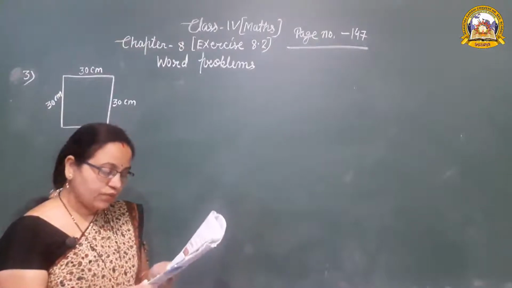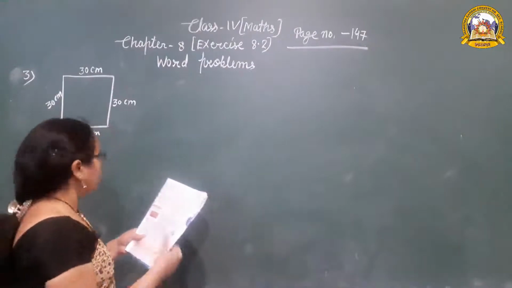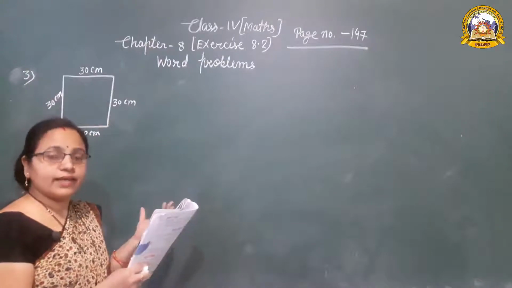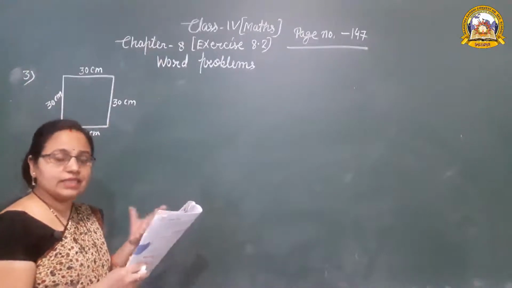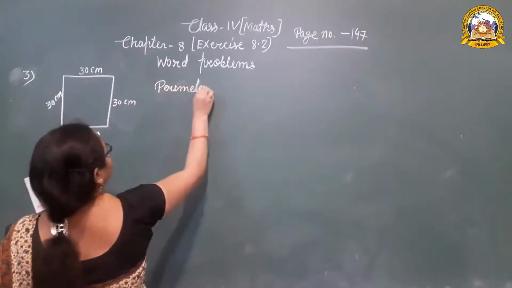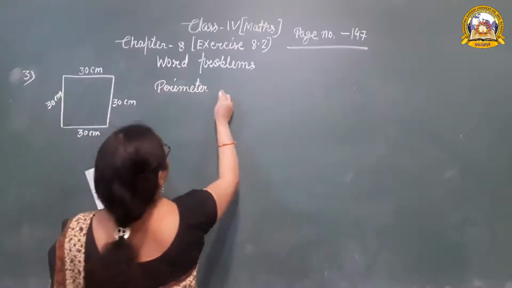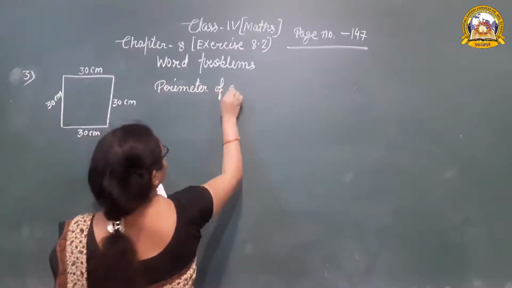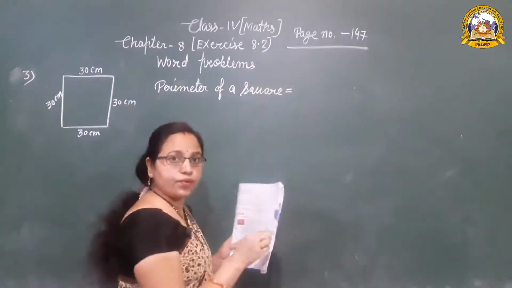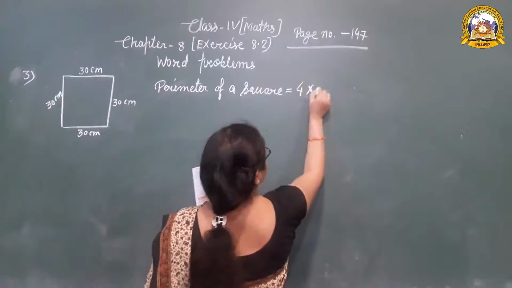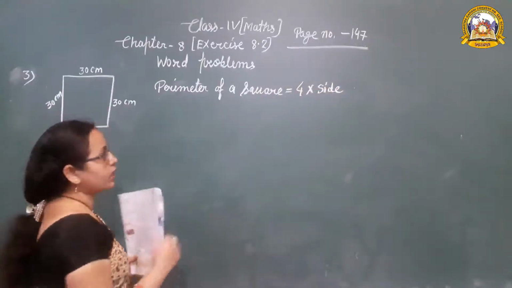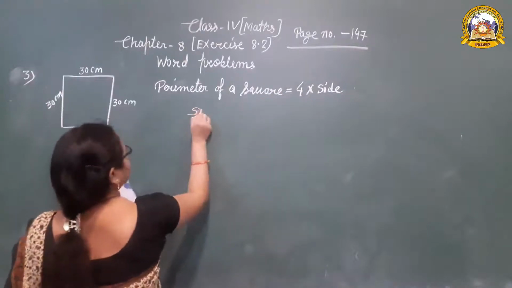A square mirror of the side 30 centimeter has been framed. What is the length of the frame needed? Okay, a frame has to be put on this, so how much length of frame is needed? So it means perimeter of a square. What is the formula? 4 into side. That is the formula for finding the perimeter of a square. And what is the length given?